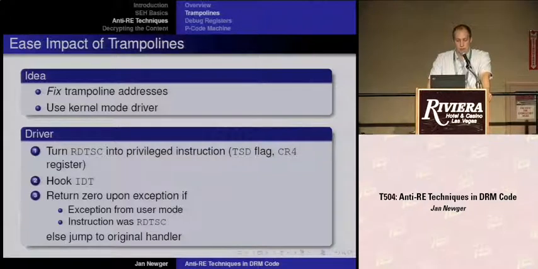What we could do is disable the randomization by just returning 0 if we come from user mode and if the instruction actually was RDTSC. So we need to disassemble the memory of the instruction which caused the general protection fault. In all other cases, we just jump to the original handler.